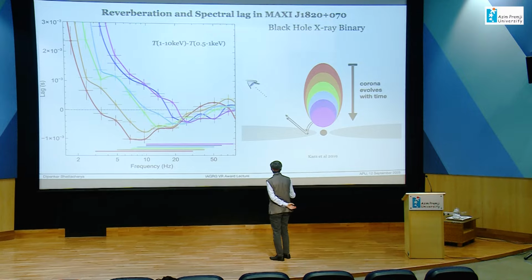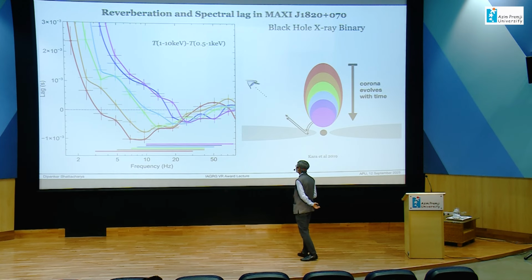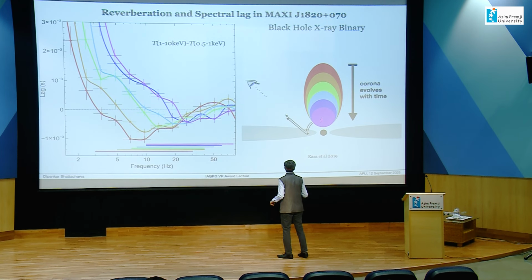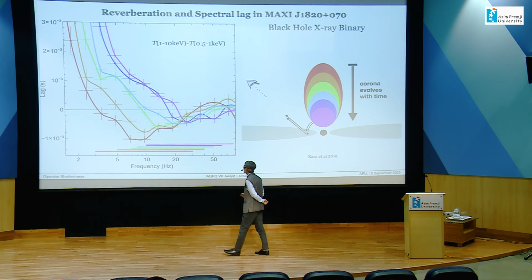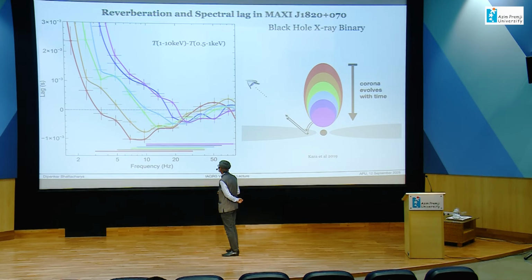So what this is showing here is the delay as a function of frequency of fluctuation of intensity. And these delays are between slightly higher energy photons and slightly lower energy photons.